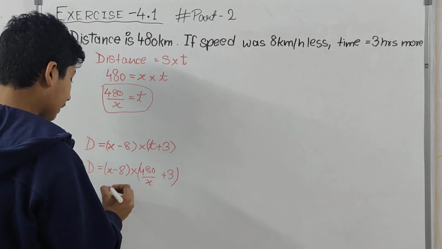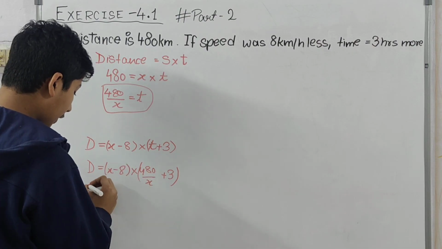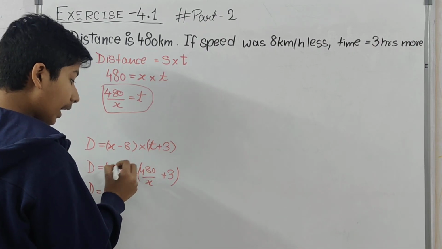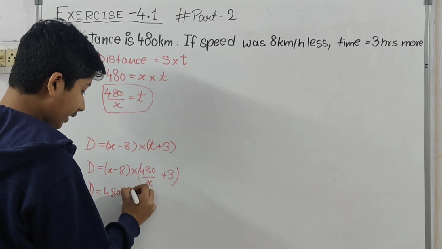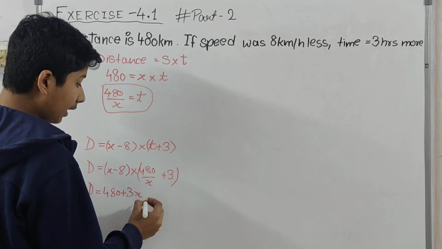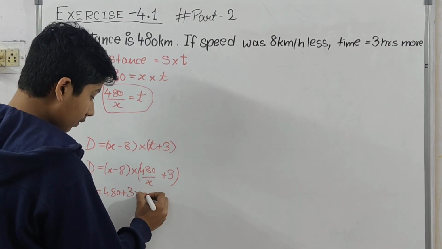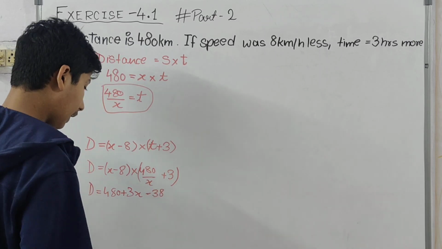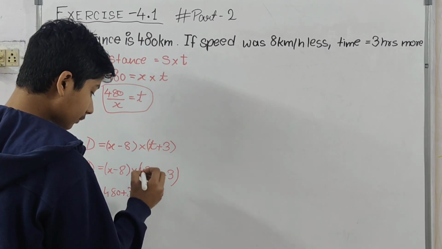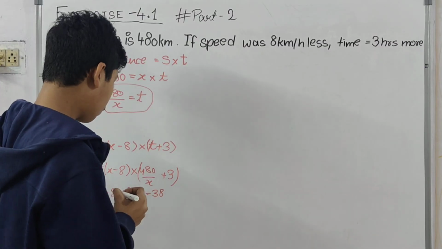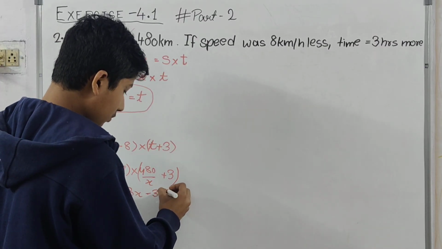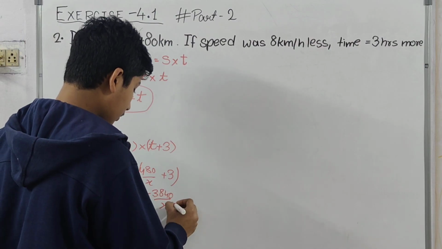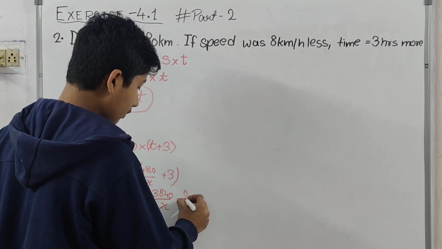So we'll just solve it as it is. x into 480 upon x will be 480. x into 3 will be 3x. Minus 8 into 480 upon x will be minus 3840 by x minus 24.